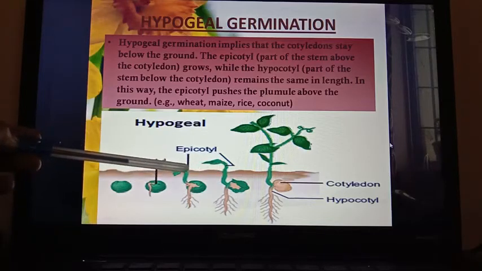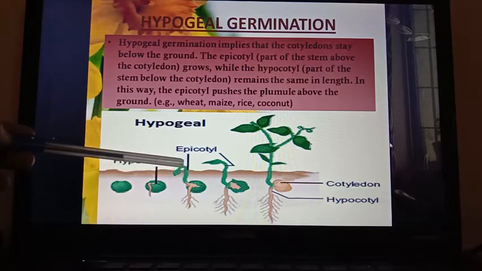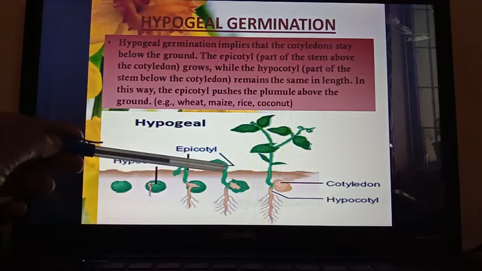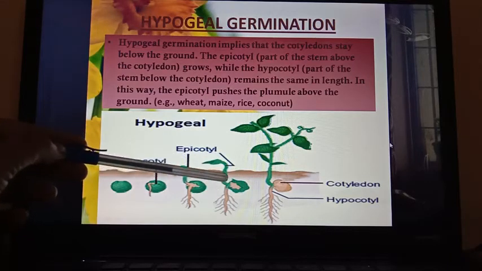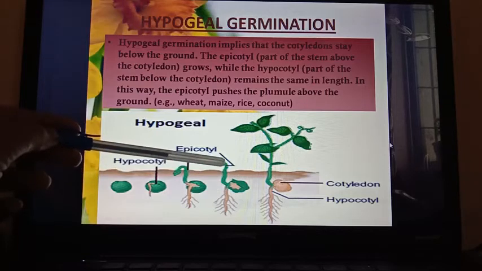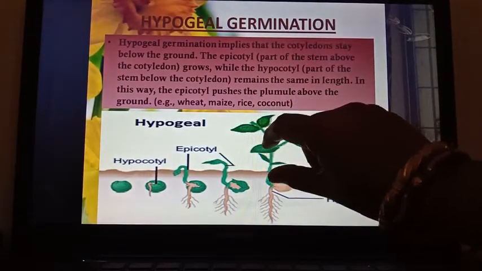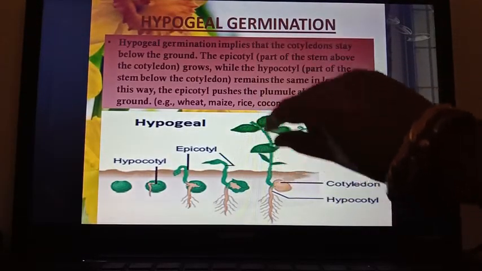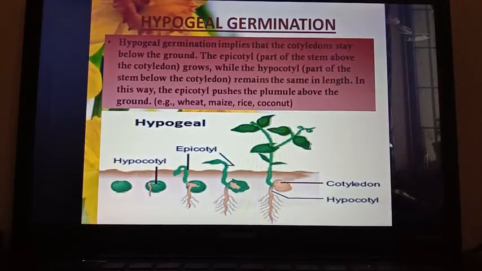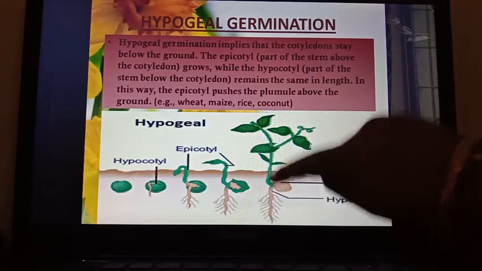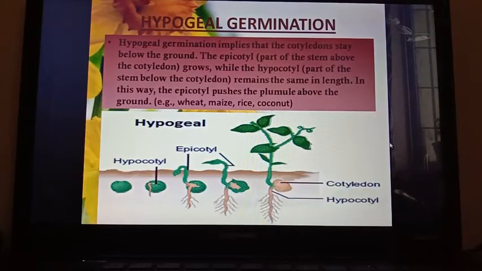So here epicotyle elongates and hypocotyle remains the same in length. So when the epicotyle elongates, obviously it will not push the cotyledon up because it is up the cotyledon. So when the epicotyle elongates, just the plumule part will come up and it will form the shoot system, and the cotyledon part or the full seed part will remain under the ground.